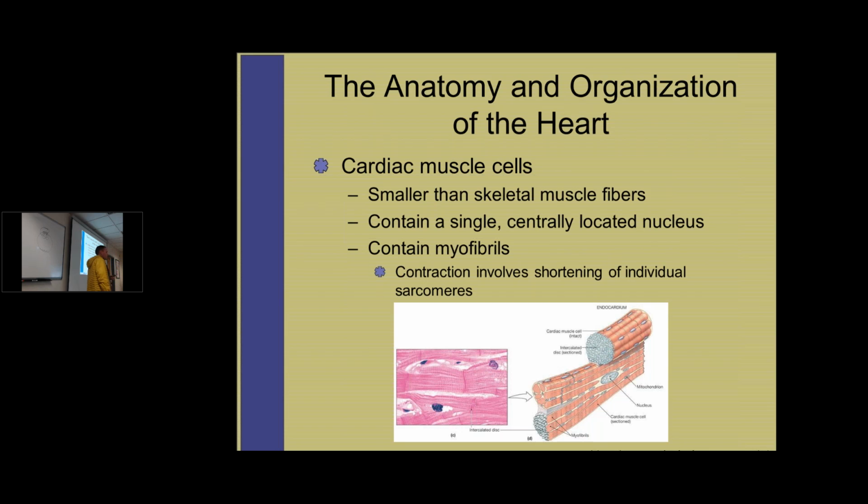A skeletal muscle cell can be pretty long, almost the length of the muscle, but in the heart, they're very short. That has to do with the electrical system and how it contracts, to get the most out of that. And these points in between are sarcomeres. Each muscle cell contains myofibrils, and those are the strands going across.